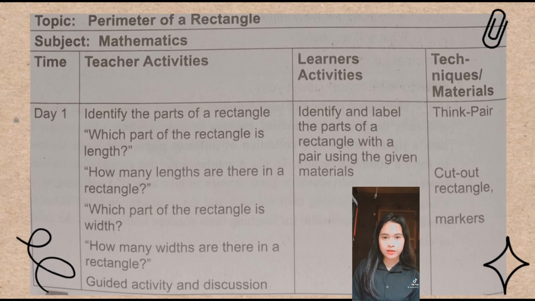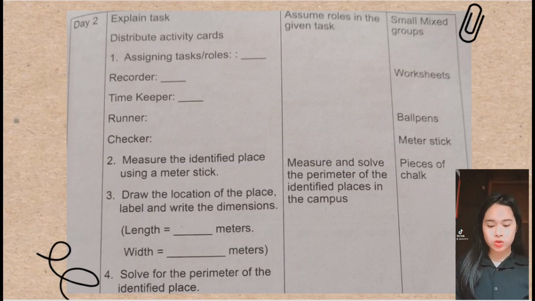And then the learners' activities in day 1: identify and label the parts of a rectangle with a pair using a given material. The technique used is think, pair, and share, and the materials are cut out rectangles and markers. In day 2, the teacher's activities are explain the task and distribute activity cards.